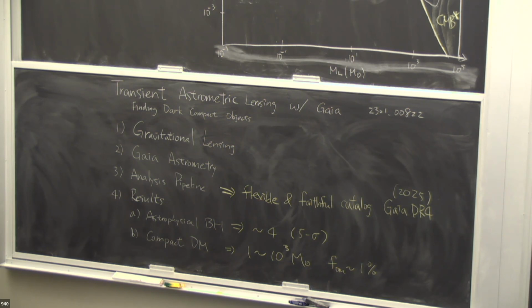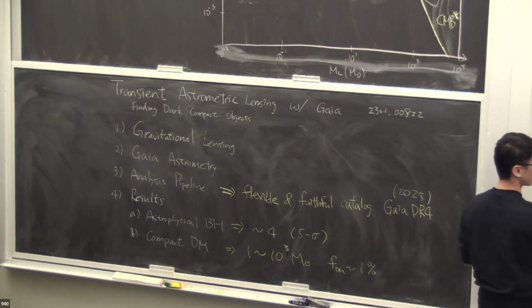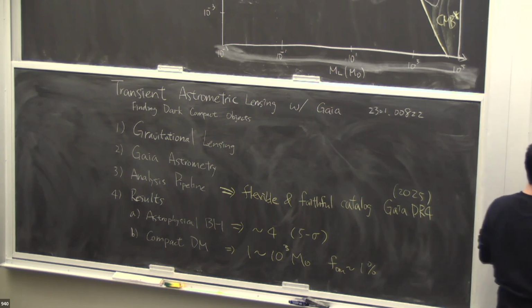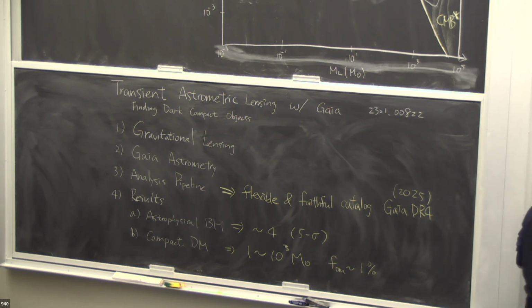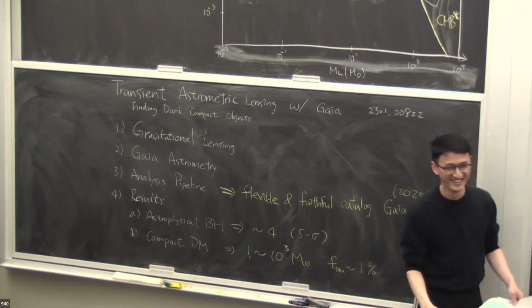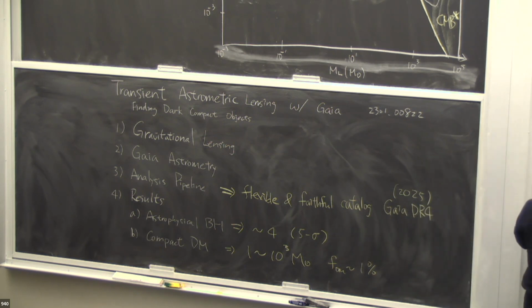So this is our eyes, and then there's a distant star here, and then we have, let's say, a black hole in between. General relativity tells us that this black hole can bend the light coming from the background star.